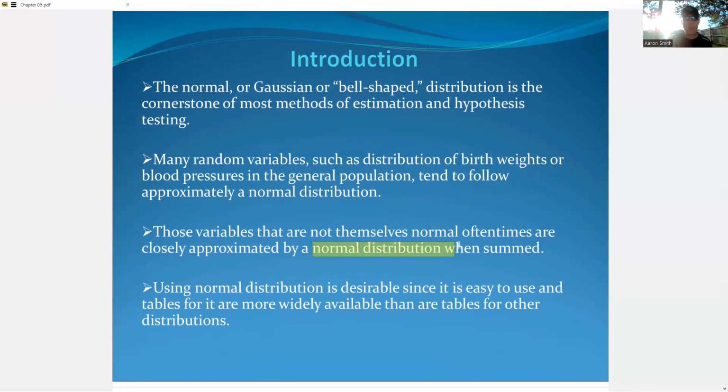What this is alluding to is that if I can represent the variable of interest in some way as the sum or average of other variables, usually it's going to be approximately a bell curve shape. And if approximately is good enough, then I can get an inference using the distribution.